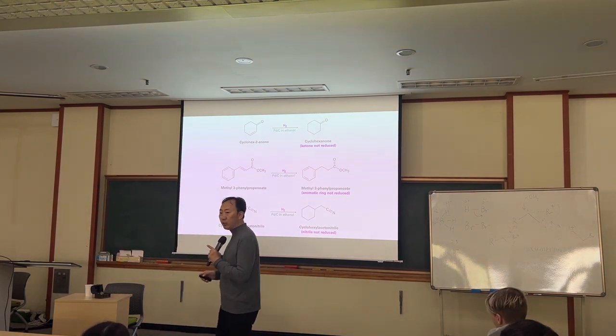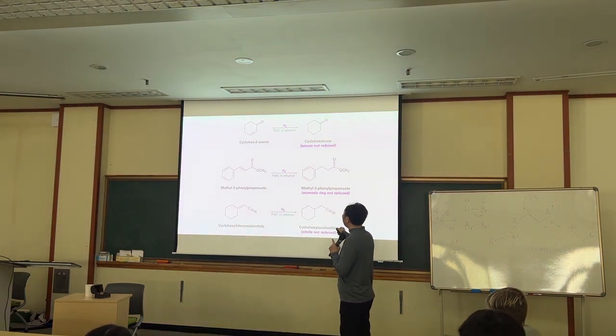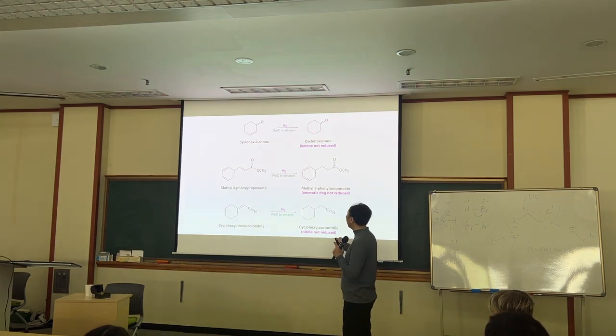On the carbon-oxygen side, electrons are not evenly distributed, more electron here, less electron here. Next semester we are going to learn the reactions of the carbonyl. On the carbonyl side, this is electronegative, this is electropositive. That means any nucleophile may prefer to attack this position, not this position.